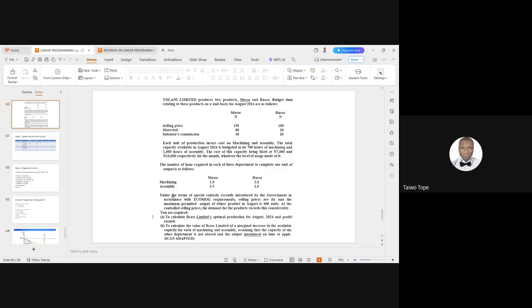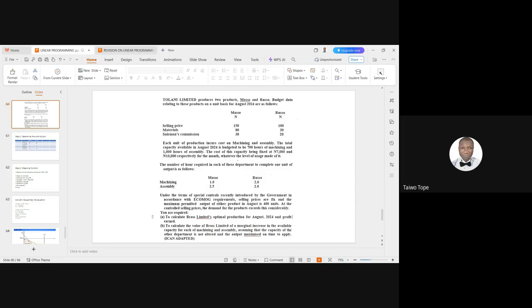In the last class, I defined what shadow price is. I said shadow price represents the extra contribution derivable from an additional unit of a scarce resource, which has been fully utilized at the optimal level of activity. Another word for shadow price can be marginal contribution or marginal increase as a result of the addition of one scarce resource.